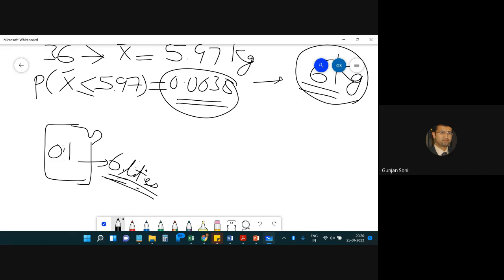Okay, so they opened 36 cans and found out how much material is there in that. So they found out that on an average the 36 cans are weighing 5.97 kg. So, should they punish him? My question to all of you is: should they punish him for keeping it lesser than 6 kg?